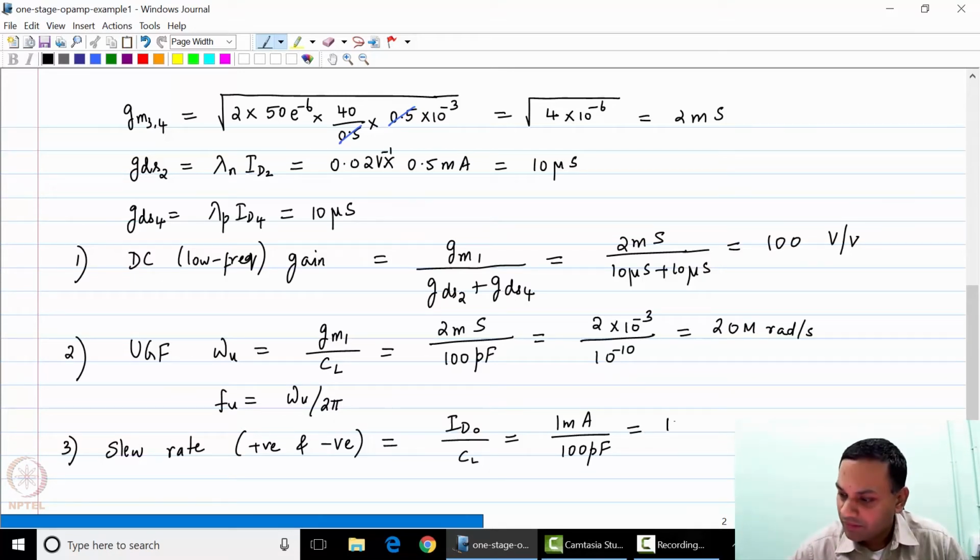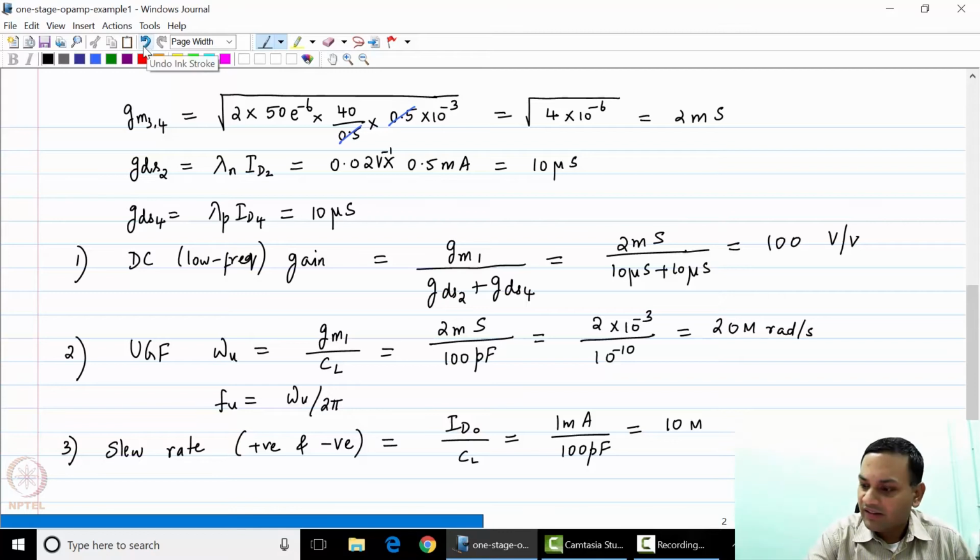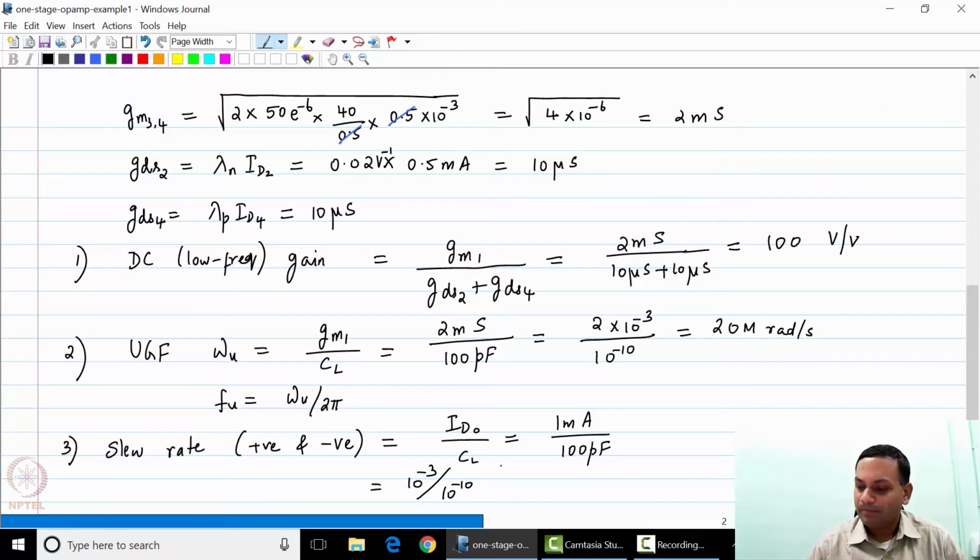This is 10 power minus 3 over 10 power minus 10, or 10 power 7 volts per second.